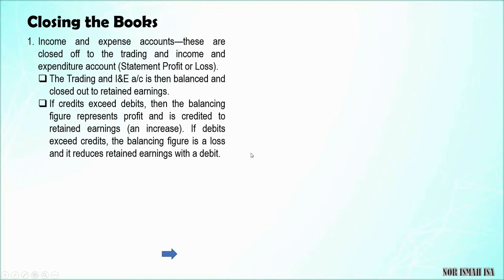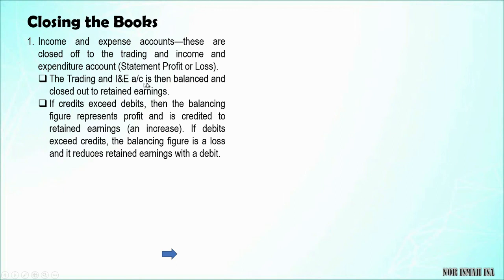So all the income and expenses should go to statement of profit or loss, and this account should transfer to statement of profit or loss for the period. So then this account should be zero. Next account started with the new amount.